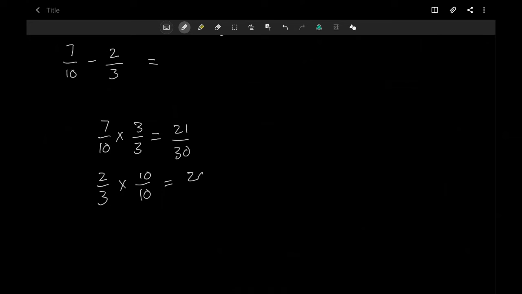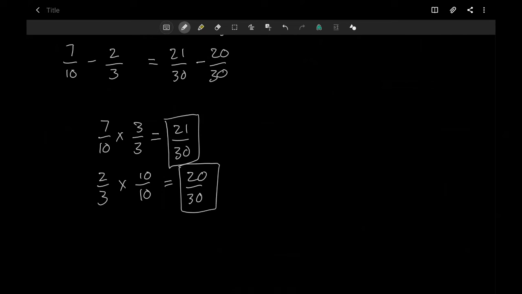We should get 20 over 30. So now we have two fractions with the same denominator, 21 over 30 minus 20 over 30, and you get 1 over 30.